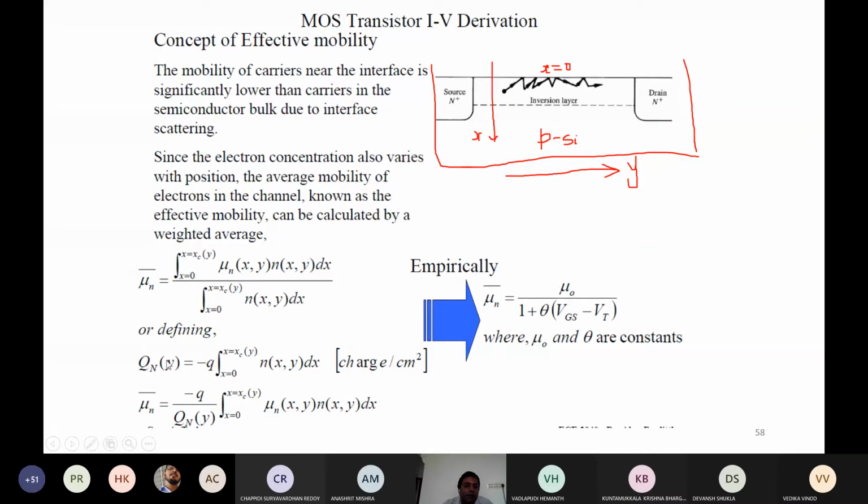So let us define the charge Q_n(y), which is the charge per unit area. Q_n(y) is the symbol given for the charge per unit area in the channel.